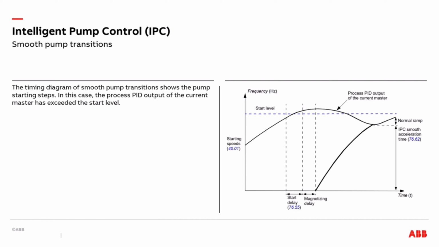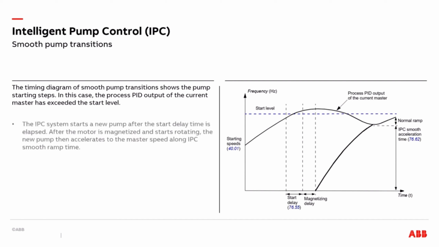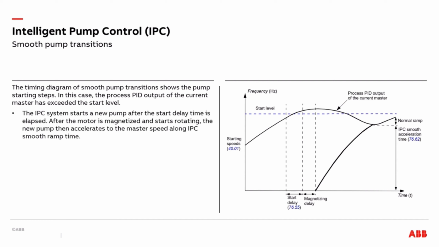Pump control comes with smooth pump transitions. Let's take a look at what happens when you change from one master to another. The timing diagram shows smooth pump transitions of the pump starting steps. In this case, the process PID output of the current master has exceeded the start level. The IPC system starts a new pump after the start time delay has elapsed. After the motor magnetization and start of rotation, the new pump accelerates to the master speed along with the IPC smooth ramp time.